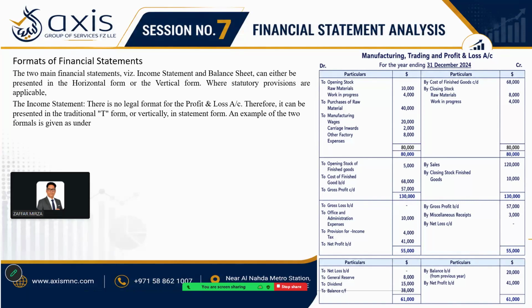This cost of finished goods is carried down to the debit side of the trading account. In the trading account, opening stock of finished goods plus cost of finished goods, minus sales, minus closing stock of finished goods, gives gross profit.